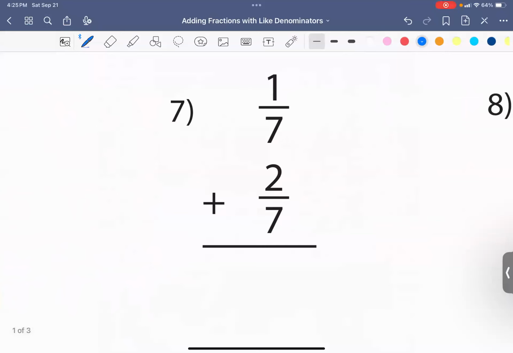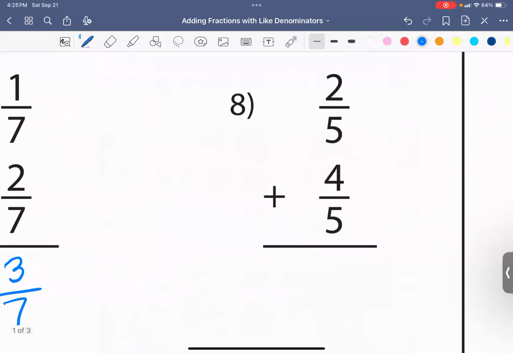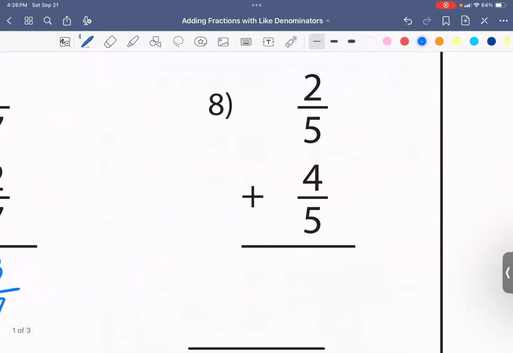How much is 1/7 plus 2/7? 1/7 plus 2/7 is 3/7. And let's do one more. 2/5 plus 4/5. 2/5 plus 4/5 is 6/5.